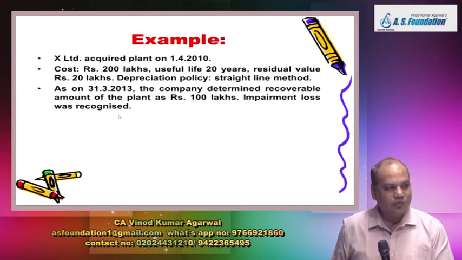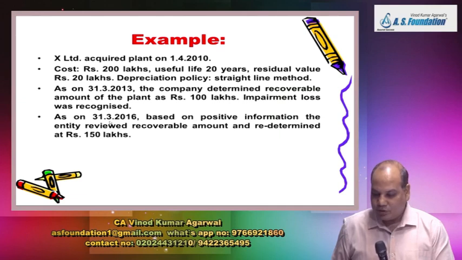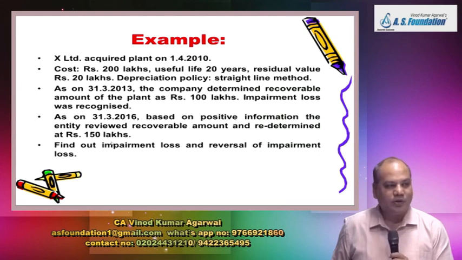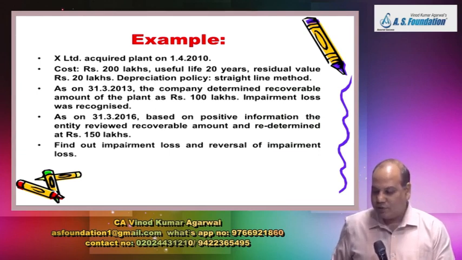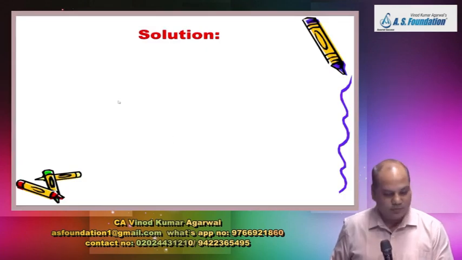So impairment loss was recognized. Then on 31st March 2016, based on the positive information, the entity reviewed the recoverable amount and redetermined at rupees 150 lakh. Oh, the recoverable amount has gone up. Find out the amount of impairment loss and find out the impairment loss reversal.